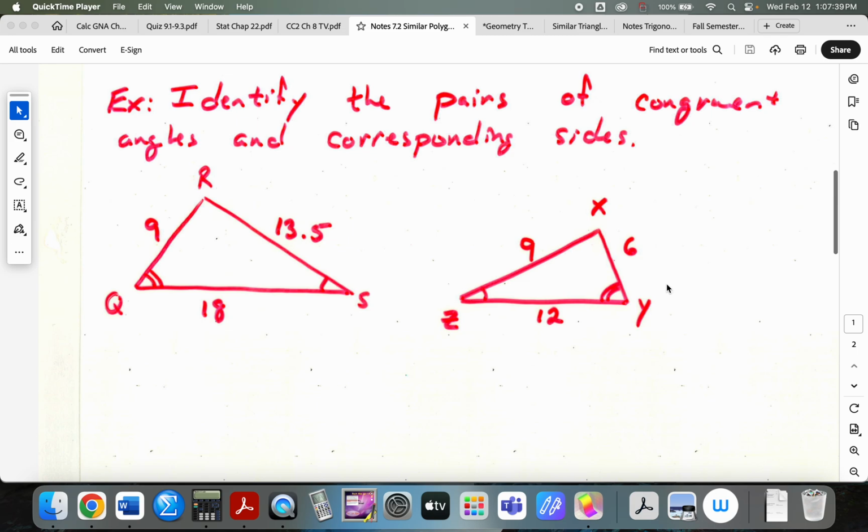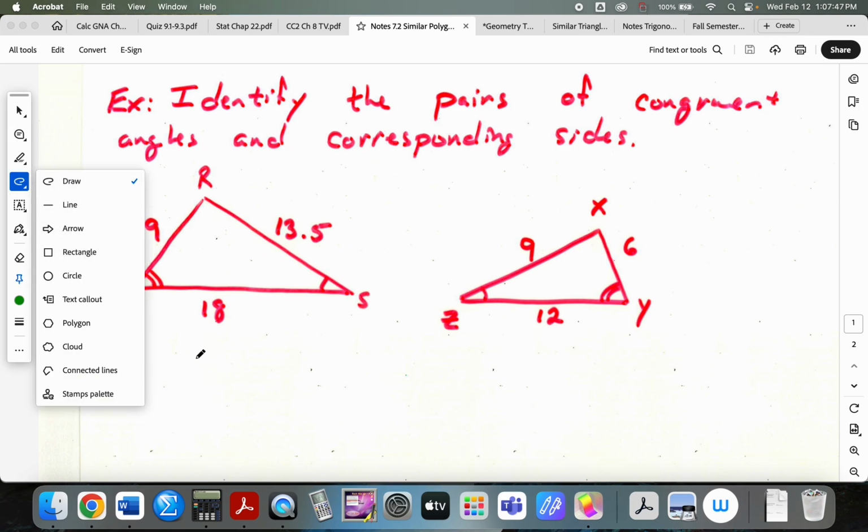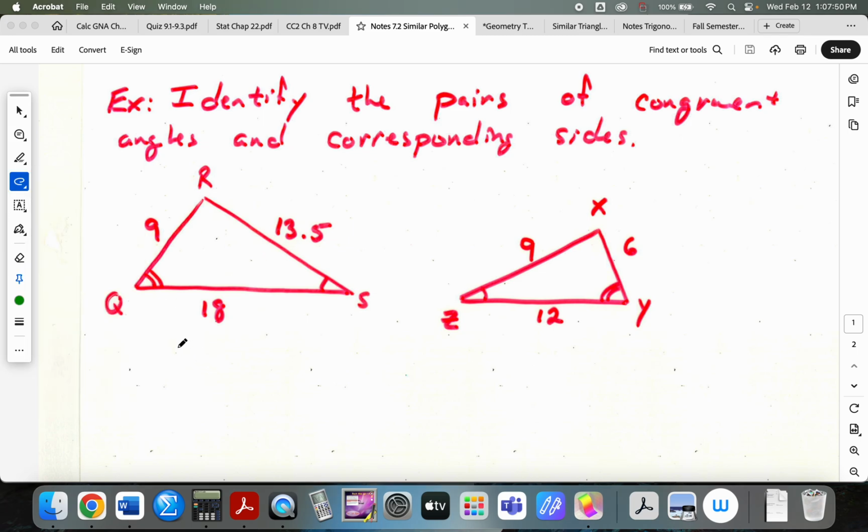So, for example, let's identify the pairs of congruent angles and corresponding sides here. We're actually going to do a little bit more than that. First of all, we're going to do the congruent angles.